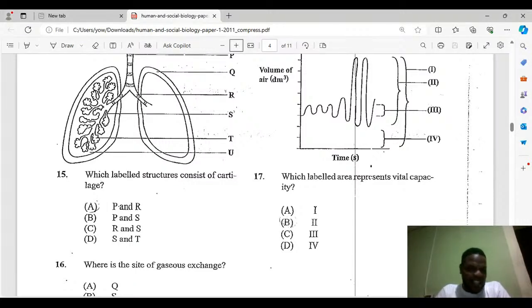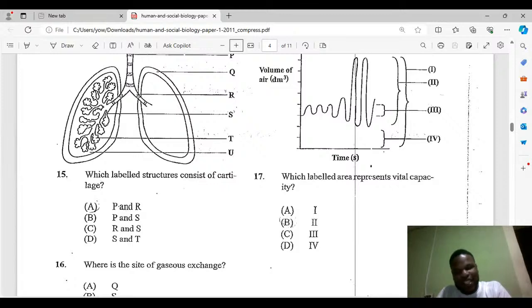TJ, the cartilage is the opening in front of the pharynx, basically. There are C-shaped rings in the trachea, called tracheal rings.